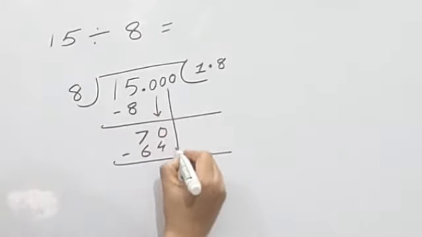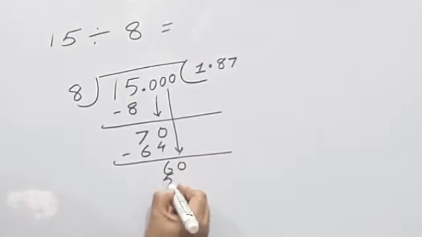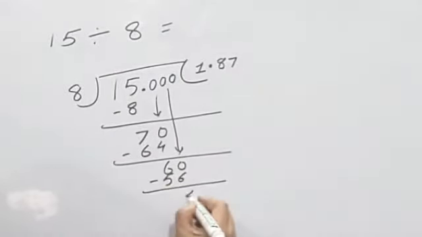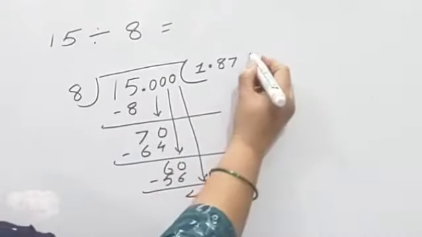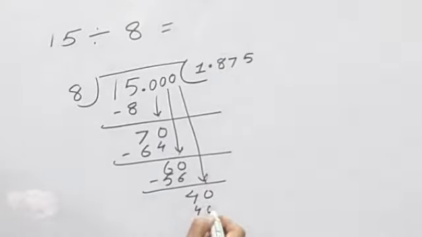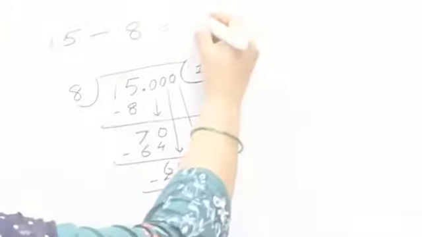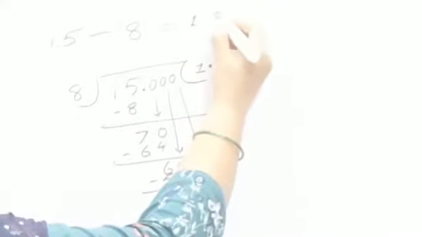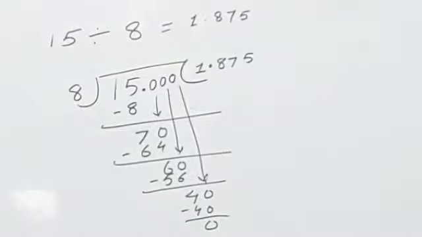Bring the next 0 down. 8 7 56 minus 4. Answer. Then bring the next 0 down. 8 5 40. Hence the quotient of this division is 1.875.